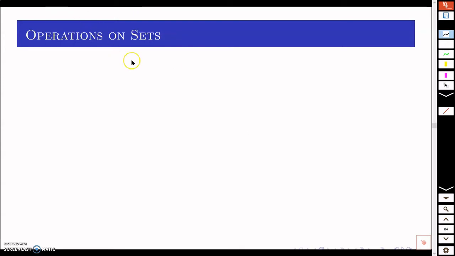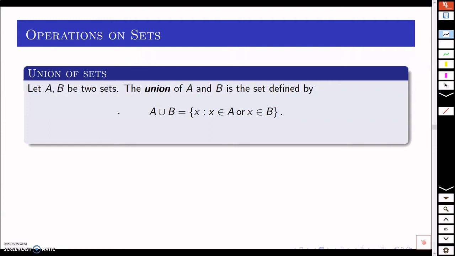The first one is called the union of sets. Let A and B be two sets.